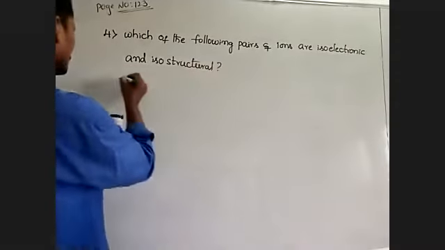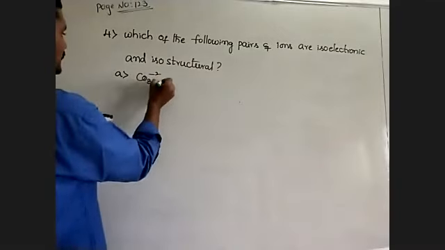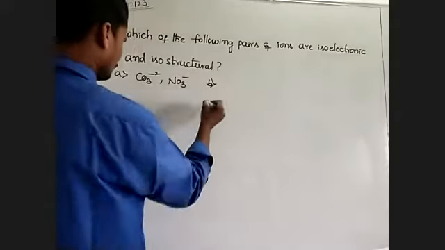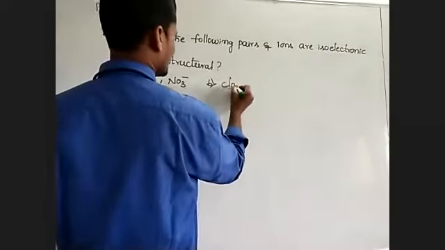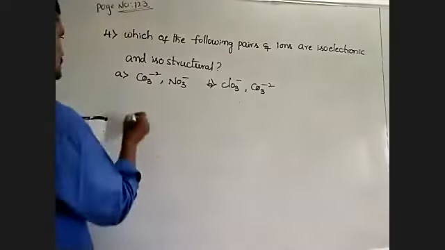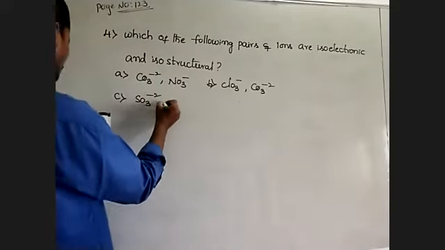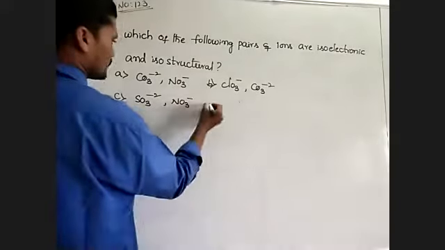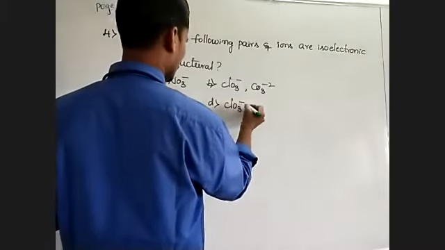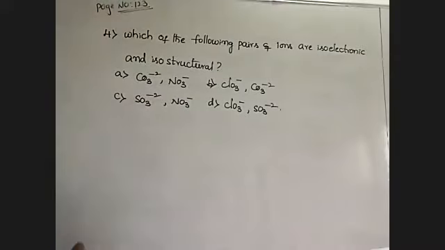Right. So here four options are given. Carbonate ion CO3 2-, and nitrate ion; ClO3 minus and CO3 2-. Next, sulfite ion and nitrate ion. Next, ClO3 minus and SO3 2-, sulfite ion.